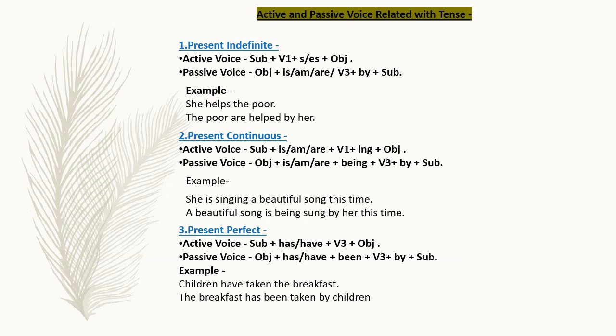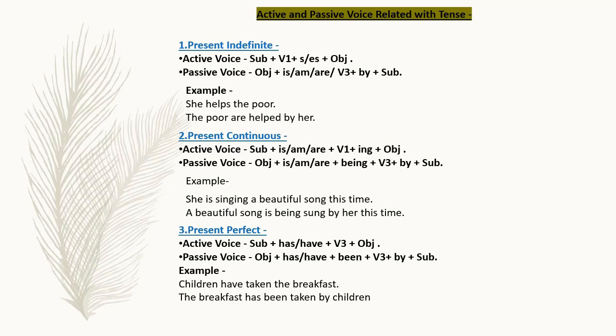Definitely the subject would become the object and the object would become the subject, has or have, and as you observe, since it is perfect tense, we are going to add been. In case of continuous, it was continuous form, so being. That is the difference you must keep in mind over there. Plus V3, as I told you, in all the cases of passive formation, the V3 form of the verb will be used. Plus by is a preposition that will be added after the past participle, plus your subject, which, as I told you, will become the object.